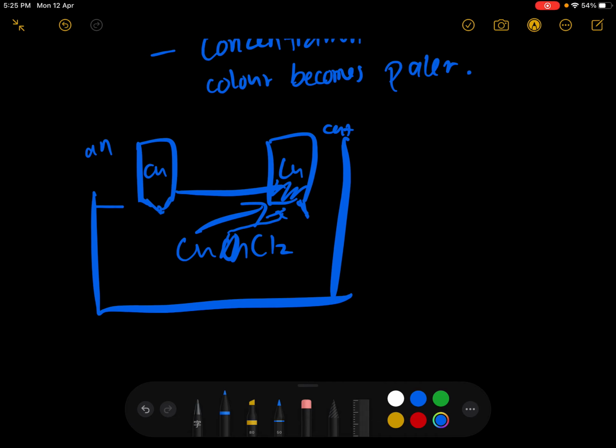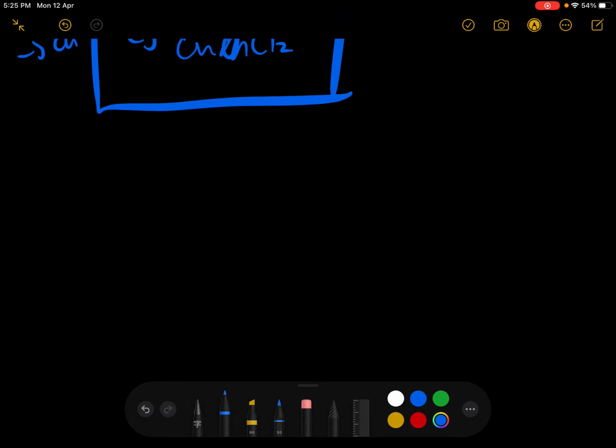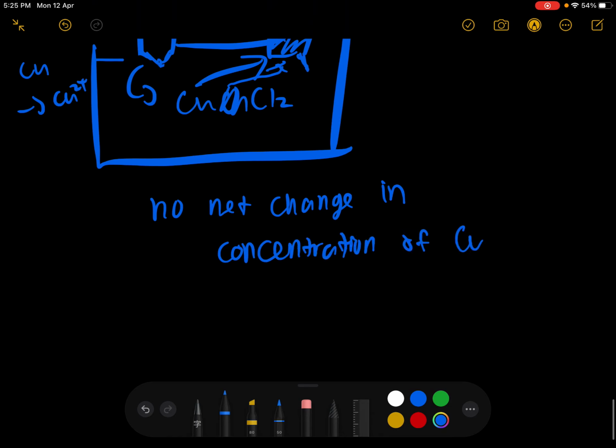This is because, as I mentioned earlier, the copper anode itself is the one that undergoes oxidation. Copper becomes copper 2 ions, so now you have copper 2 ions here as well. Because copper 2 ions are going in and also going out, there is no net change in concentration of Cu2+ ions.